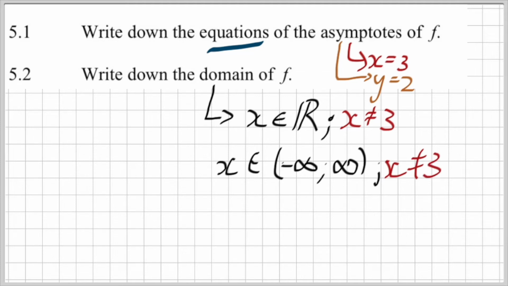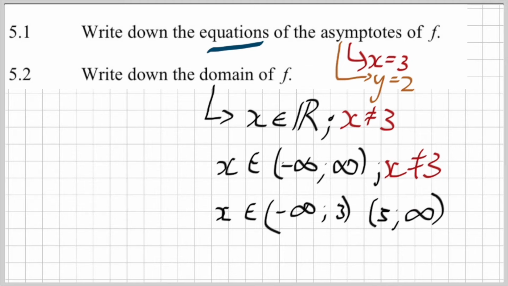Or, and I just love to give you different options, you could say from negative infinity to 3, and from 3 again to positive infinity, it doesn't touch, and I like to put a big "or" in the middle. Any of these three options are 100% correct. You can choose your own.